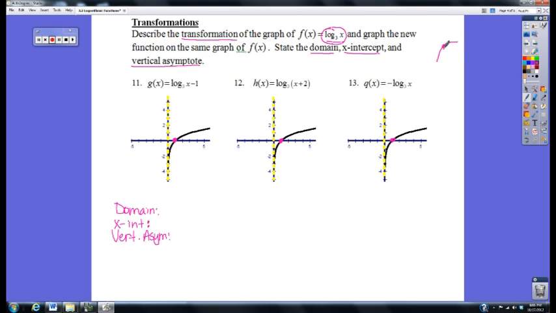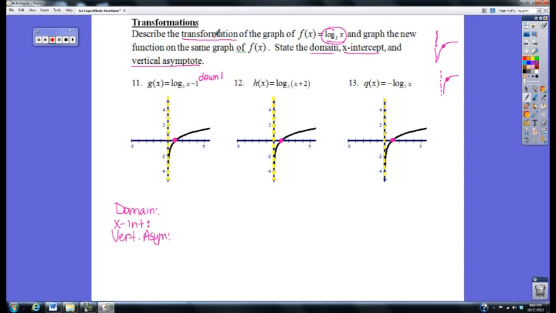This point and your vertical asymptote, well, I didn't draw that very good, let me try that better. Your vertical asymptote and your logarithmic graph, they stay together. Okay, they move together. So log base 3 of x and then the -1 on the outside means the graph moves down 1.